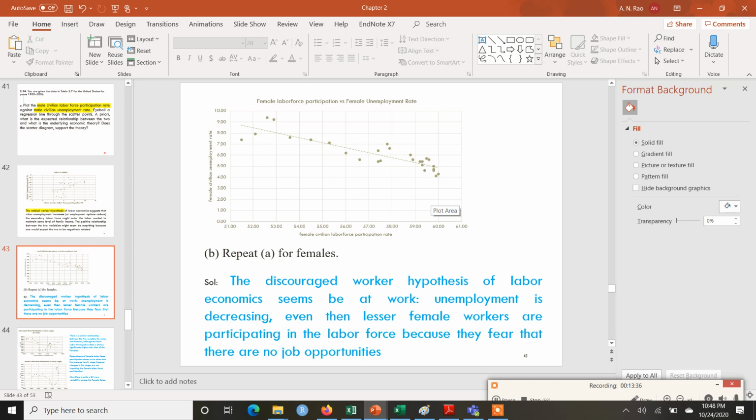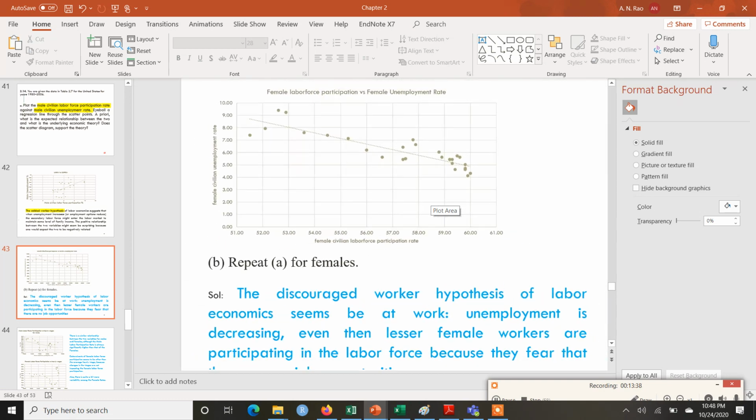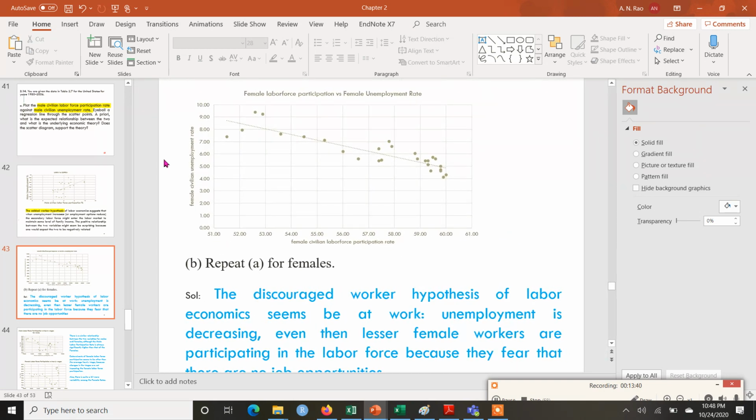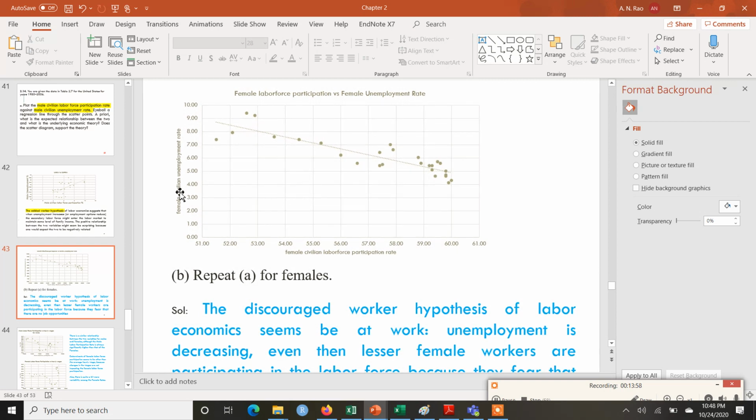If I zoom the display here, if this line is decreasing, it means that if I read the axis, suppose the female civilian unemployment rate increases, then according to this plot, the female civilian labor force participation rate will decrease.